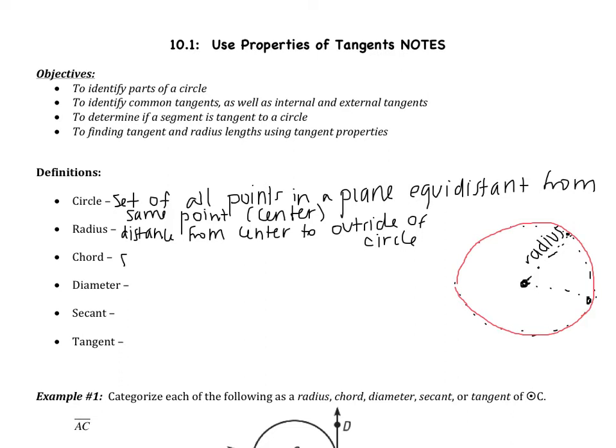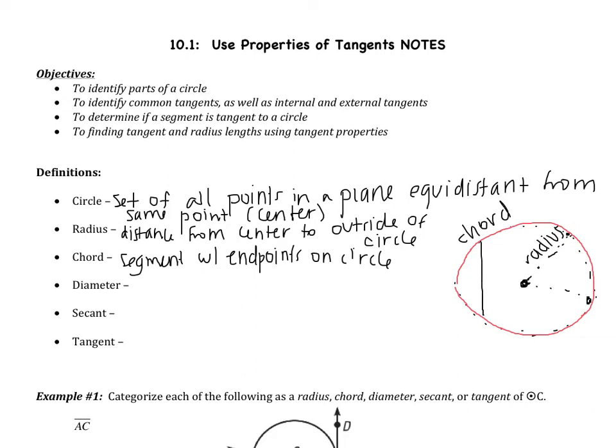A chord is a segment with endpoints on the circle. So in this case, here is a chord. It has endpoints on the circle, and it's a segment. That's really important. It's not a line. It's a segment. It has a beginning and an end, both the beginning and the end being on the circle.